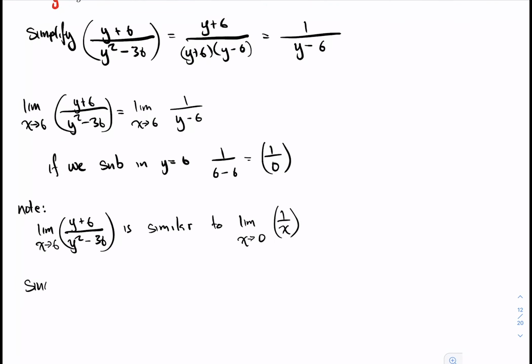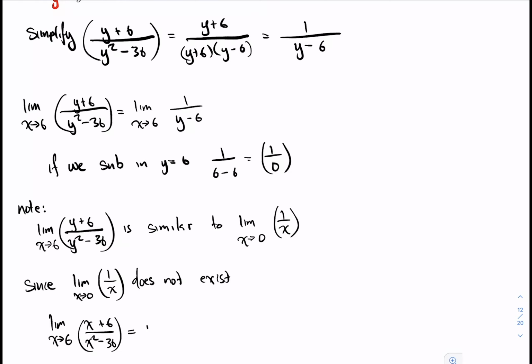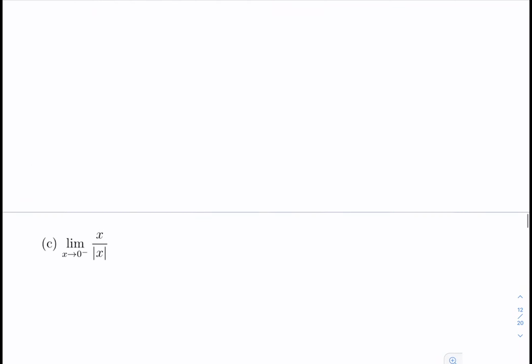Since the limit as x approaches 0 of 1 over x does not exist, the limit is undefined as well. When we say that the limit is undefined, it means the same thing as saying the limit does not exist.